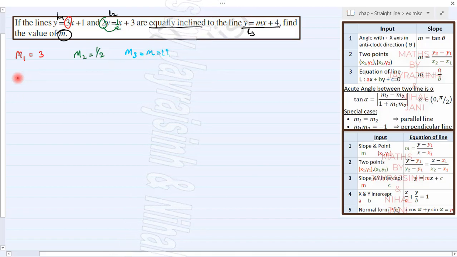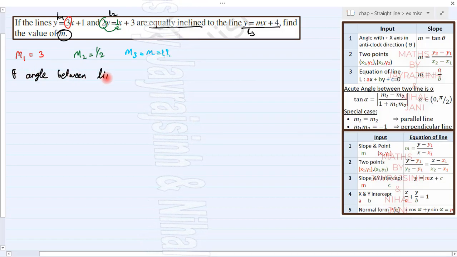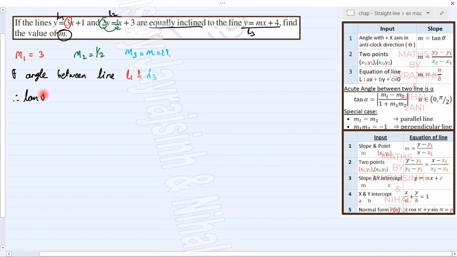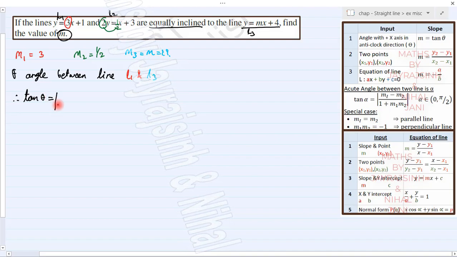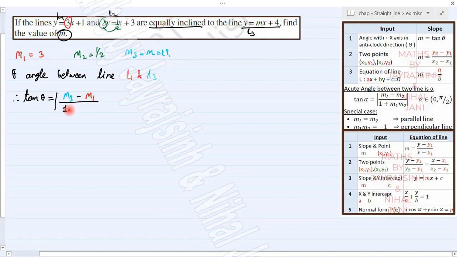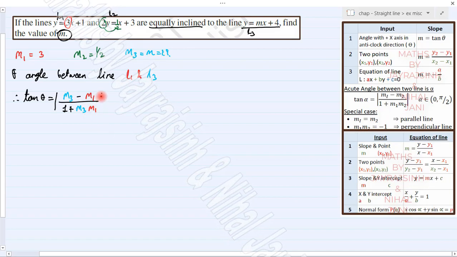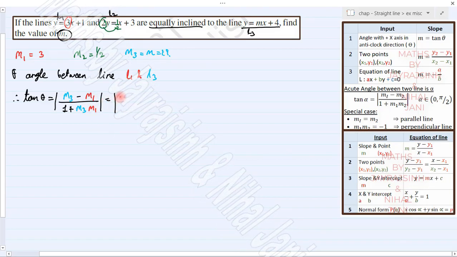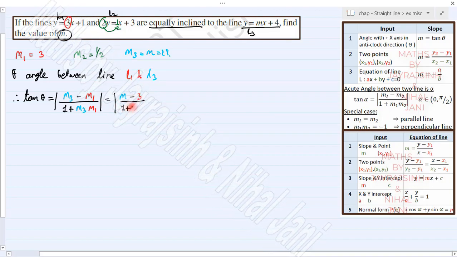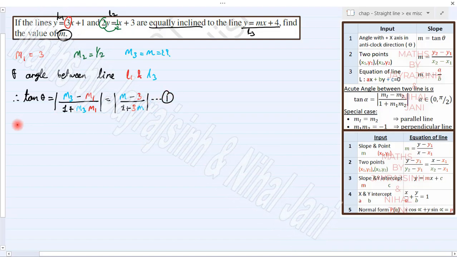Now, let's assume that theta is the angle between line L1 and L3. So we can say tan theta must be mod of m3 minus m1 upon 1 plus m3 into m1. So here we'll get m minus 3 upon 1 plus 3 times m. Let's say this is equation number 1.